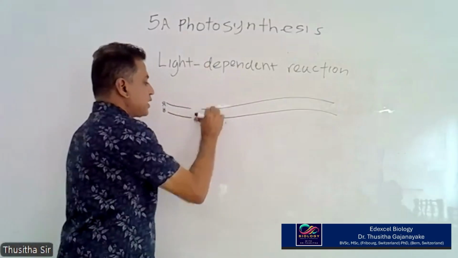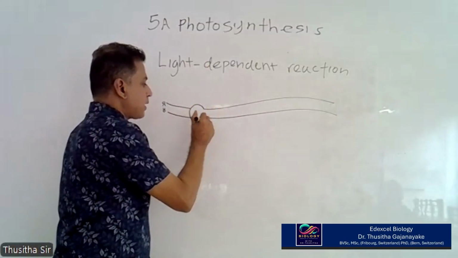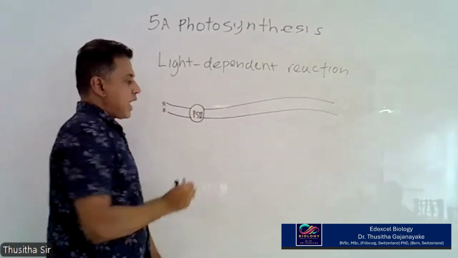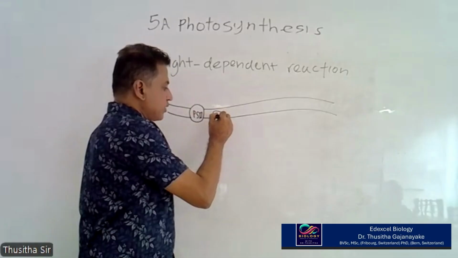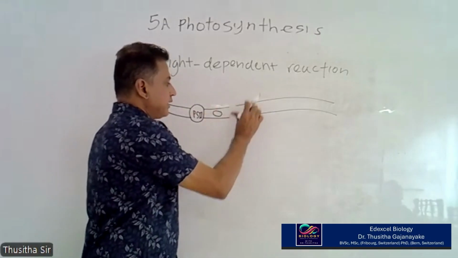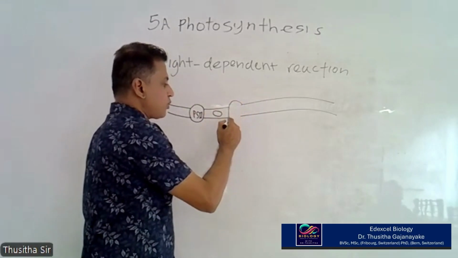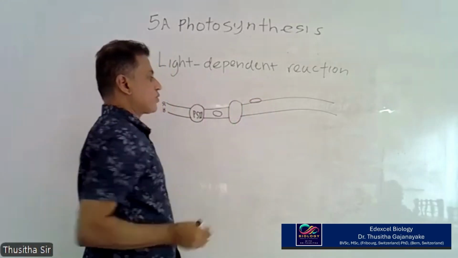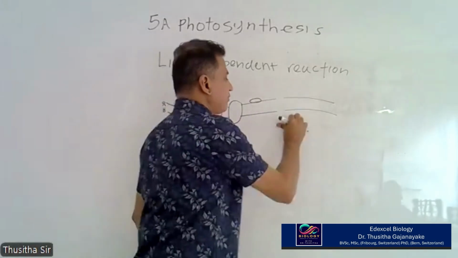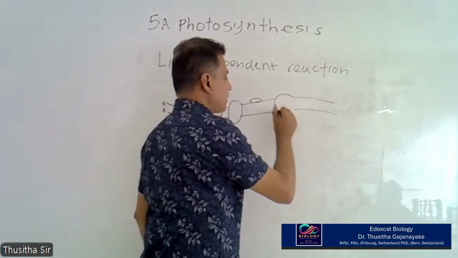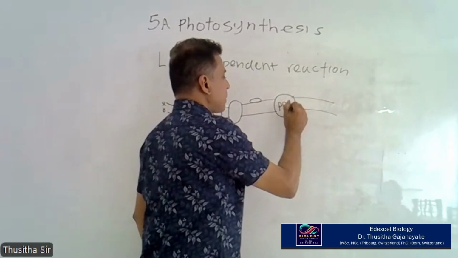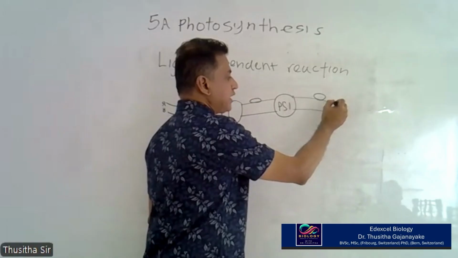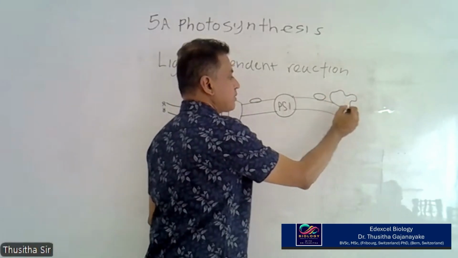The starting point is PS2, and there are electron carrier proteins, and again transport and electron carrier proteins. Then we can find the PS1 complex, again electron carrier proteins, and an enzyme complex.